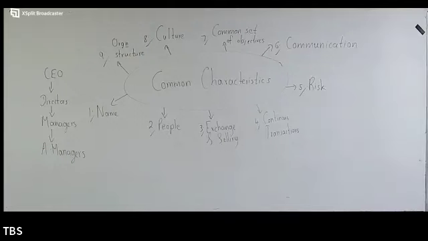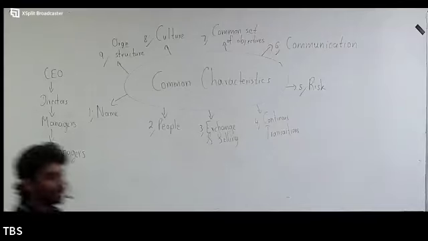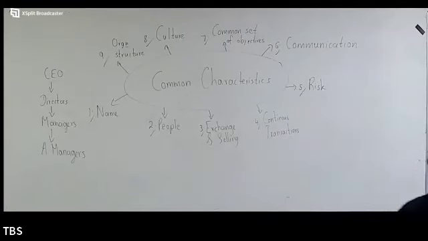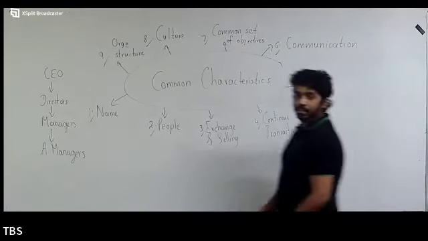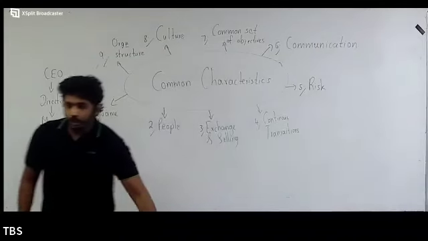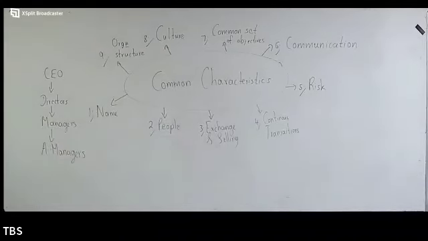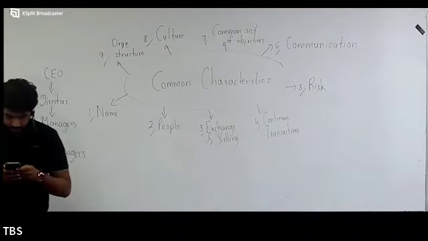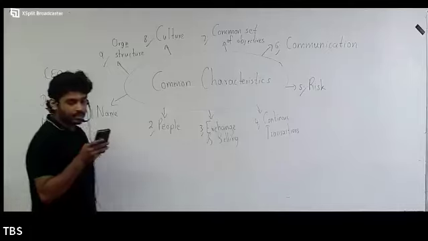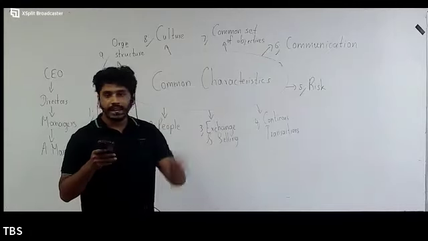Okay. So guys, in the document, when you get the book, you can copy it. Below common characteristics, there is an empty space that is given. In the document, online, common characteristics of business, below that, empty space is given.